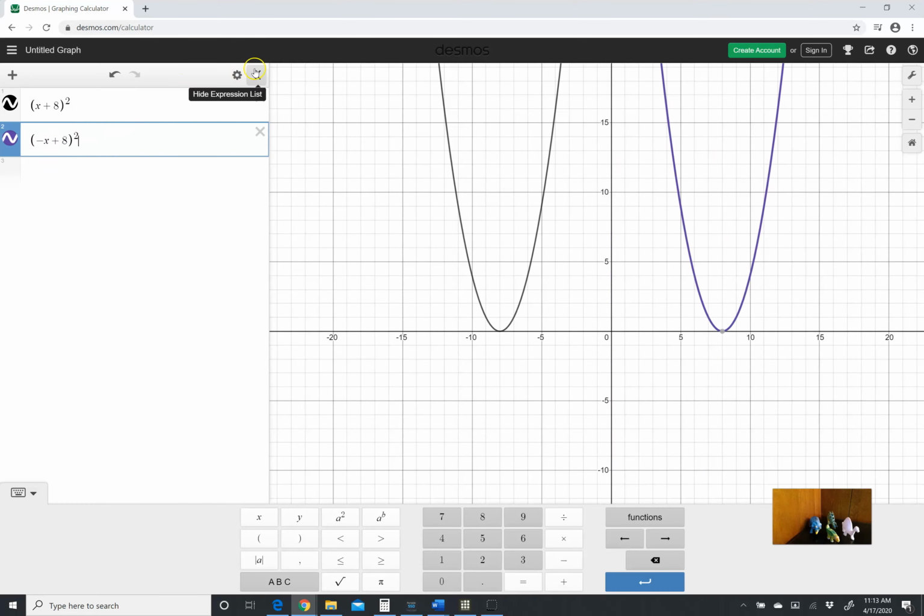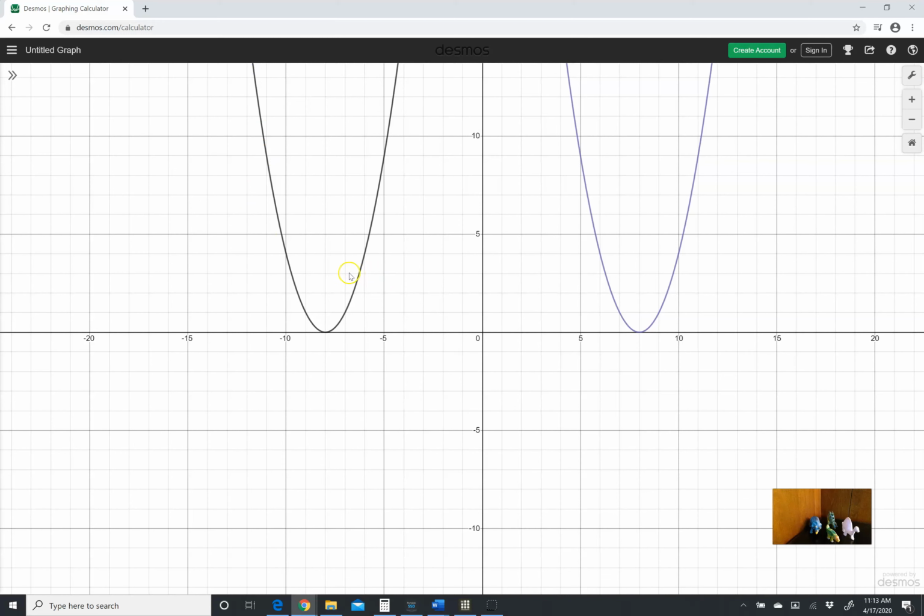You can see that these are reflections of each other in the y-axis, right? The y-axis is acting like a mirror for these two functions. This point right here, its reflection is on this side over here. This point right here, its reflection is on this side right here. This point right here is that x equals -8. This point right here is that x equals +8.